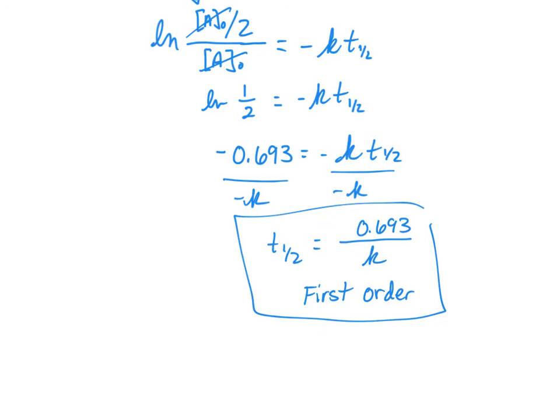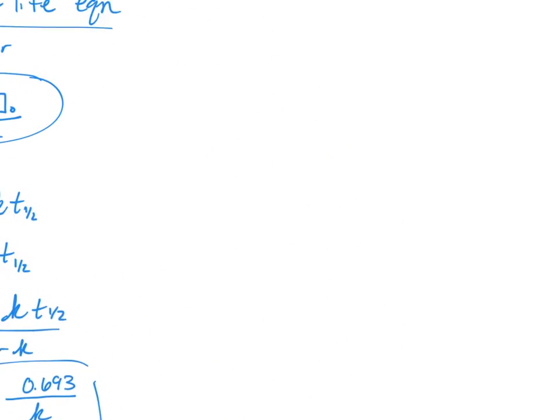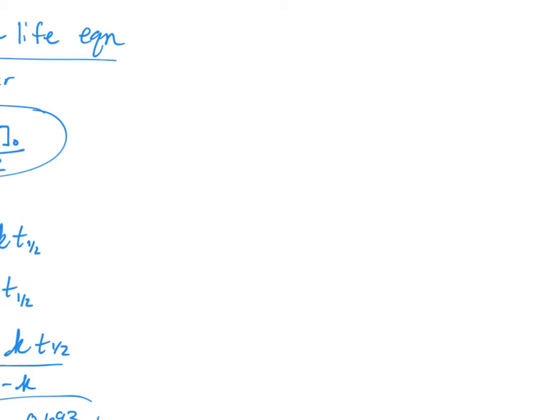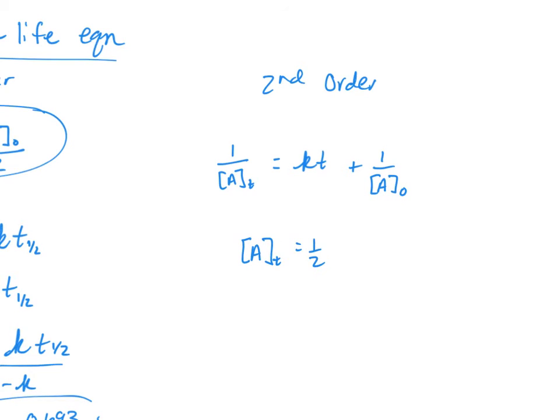Okay. If we have a second order reaction, where we have 1 over A at time t is equal to K times T plus 1 over A at time 0, we can substitute in A at time t is equal to 1/2 A at time 0.